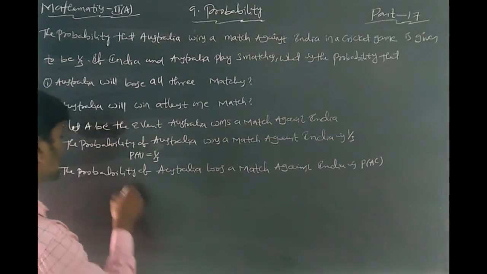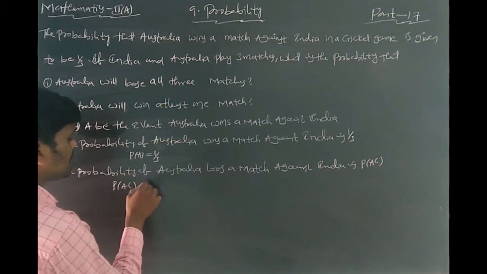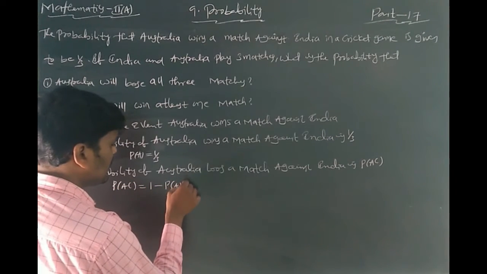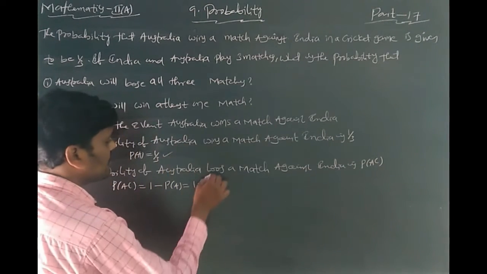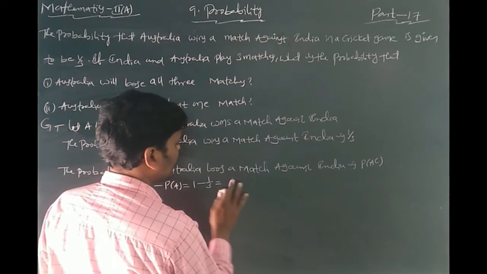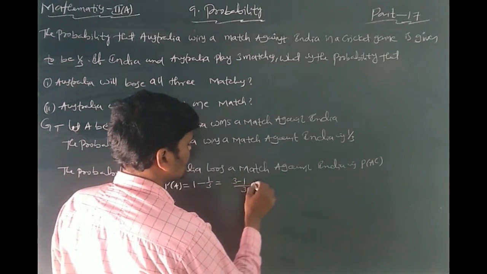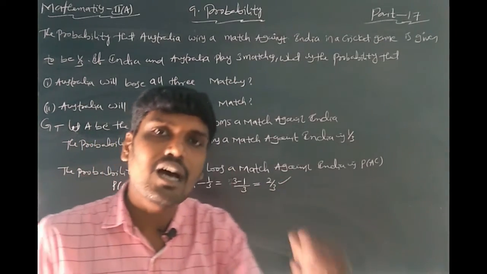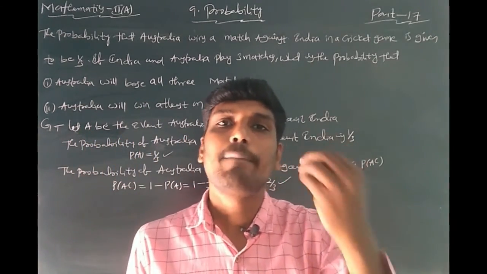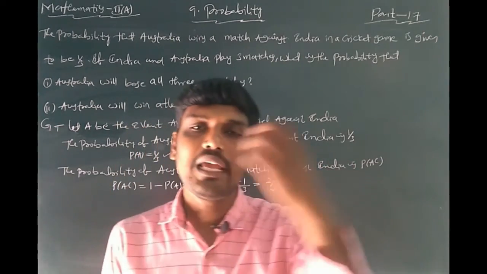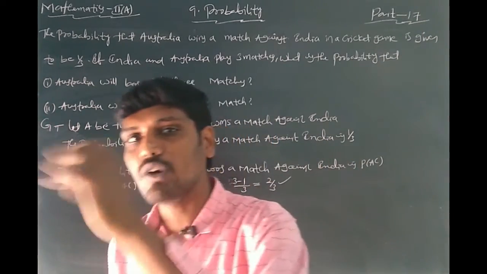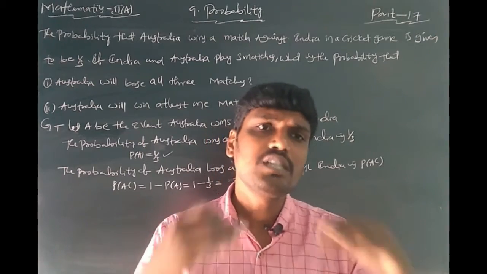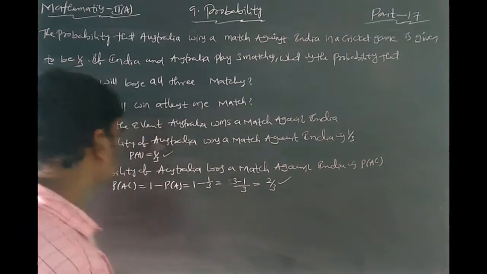That's why we can write P of A complement equals 1 minus P of A. You can write 1 minus 1/3, take LCM, 3 minus 1 equals 2/3. This 2/3 probability is that Australia loses the match against India, or India wins the match against Australia.